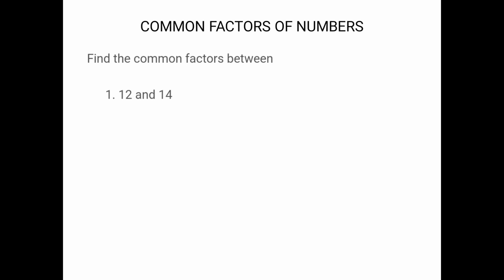Good. So common factors are factors that you will see in a particular number and another number. Sometimes it might be more than 2. Do you understand? So now we have to find the common factors between 12 and 14.